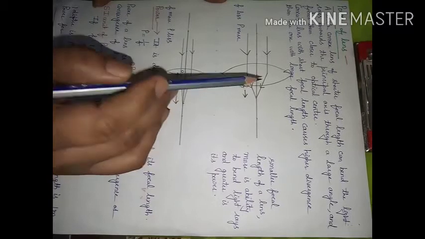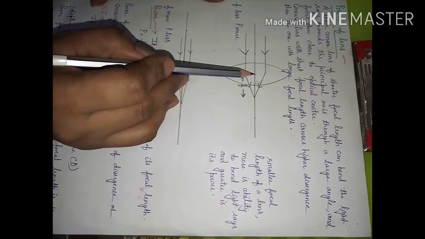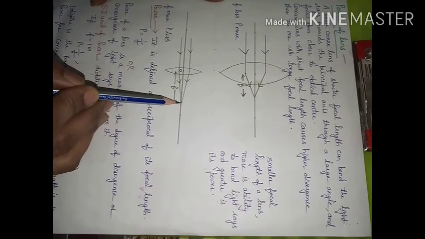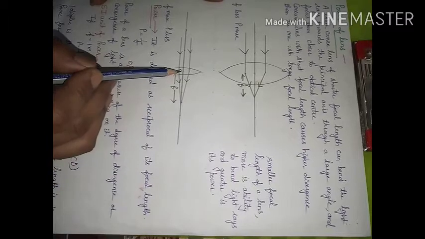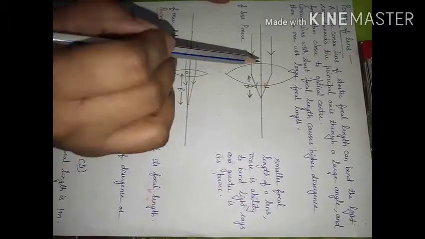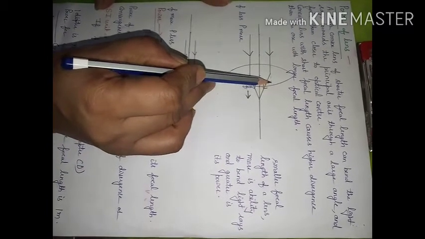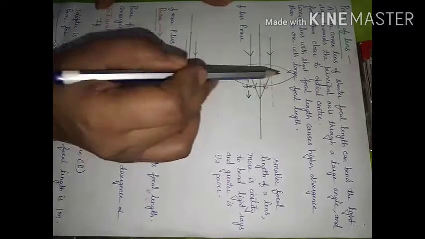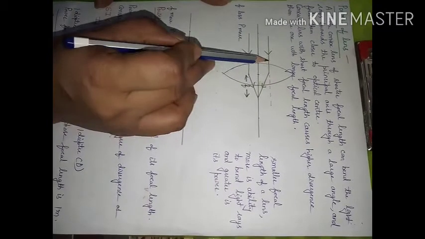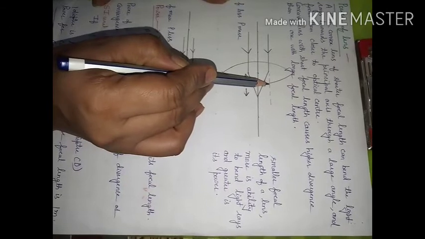In this diagram, this point of convergence is close to optical center, and in this diagram, point of convergence is comparatively at large distance from this figure. It means in this diagram, if I will consider this should be the path followed by ray of light in absence of this lens, then this lens can bend this ray of light through large angle.